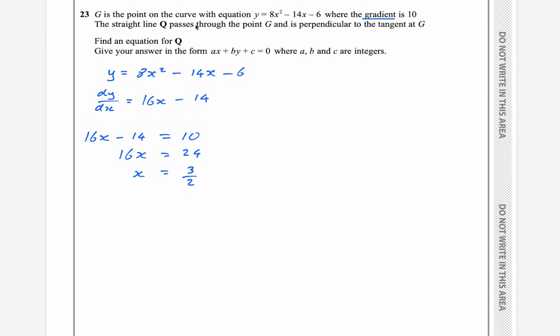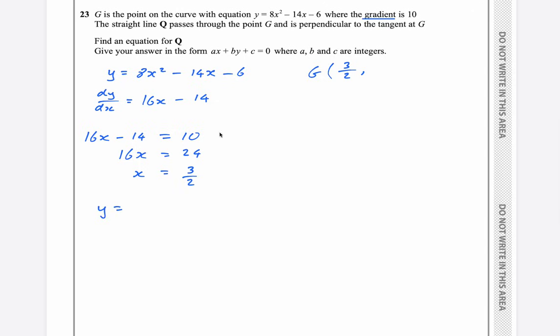Now he says the straight line Q passes through the point G and is perpendicular to the tangent at G. Okay, now a few things. First, if x is 3/2, I need to find y. So my point G is 3/2, and then I need to find y. So how do I find y?